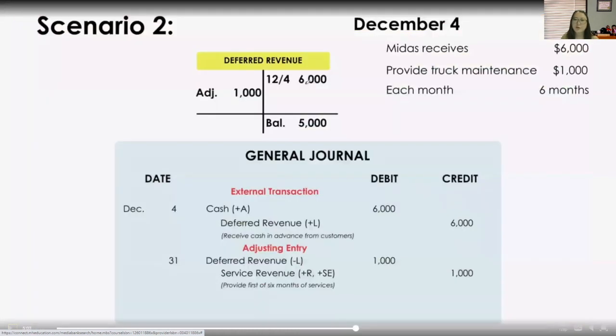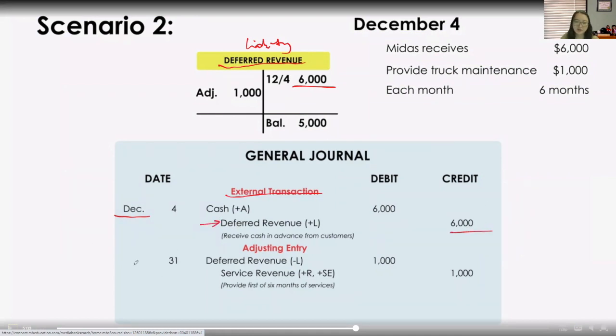For example, we received $6,000 for service, right? Service maintenance revenue, cash for future revenue. So we defer that revenue and consider it a liability because we haven't performed our duty yet. So in terms of the December 4th transaction, we record deferred revenue of $6,000.